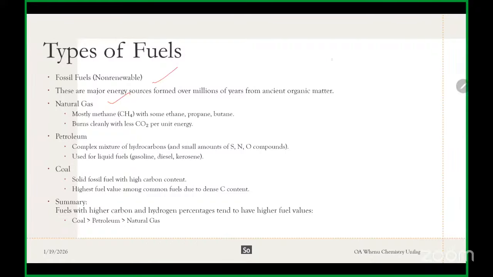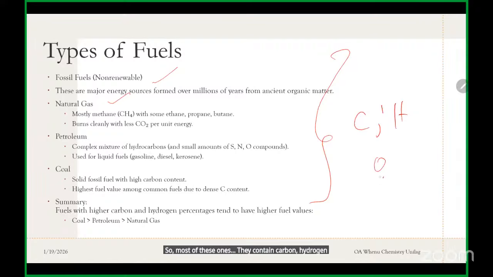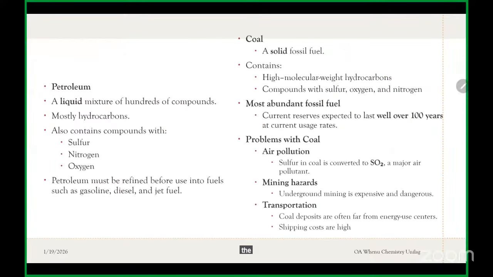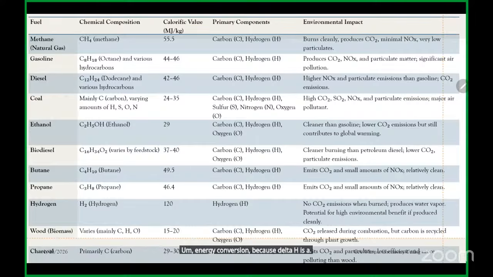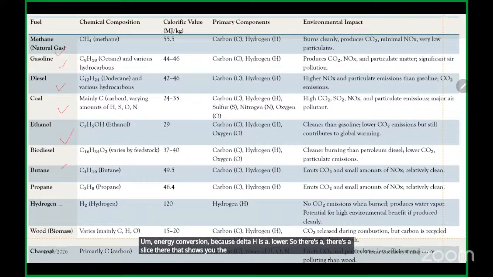Most of these contain carbon, hydrogen and some other stuff. The higher the carbon and hydrogen content, the better the fuel. Once you have other things, it reduces the energy conversion because delta H is lower. There's a slide that shows you the different types of fuel.